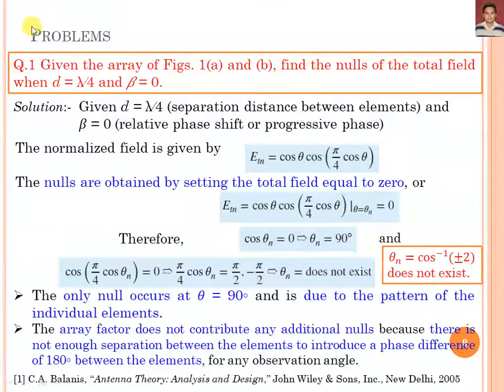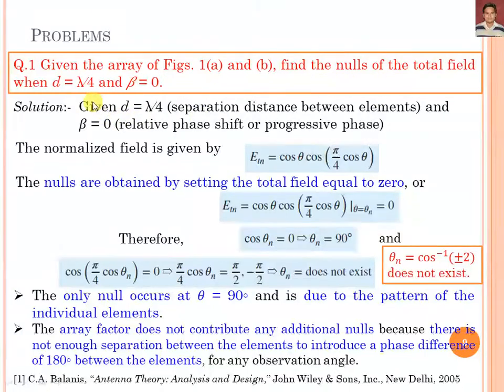Further, we have to solve a problem based on the two element array, and this is the problem given. According to figure 1a and b, find the nulls of the total field when d is equal to lambda by 4. I mean the spacing between the two infinitesimal dipoles is lambda by 4, and the progressive phase shift beta is equal to 0 degrees. In that case we can calculate the nulls of the total electric field.